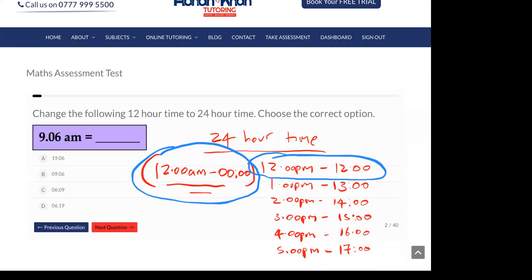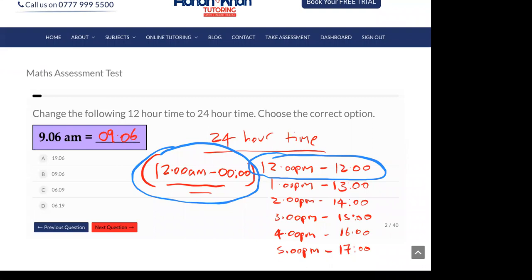So now this time is AM, which tells us that it's a morning time. So 9:06 AM, when we convert this into a 24-hour time, we just put a 0 at the beginning. That 0 tells us that this particular time is to do with the morning time. 09:06.